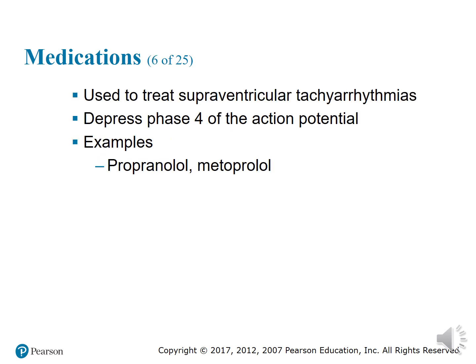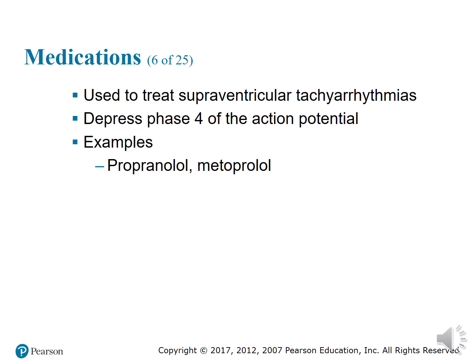Beta blockers are used to treat supraventricular tachyarrhythmias. They can also depress phase 4 of the action potential, which, if you remember, is the resting phase just before your PQRS forms.